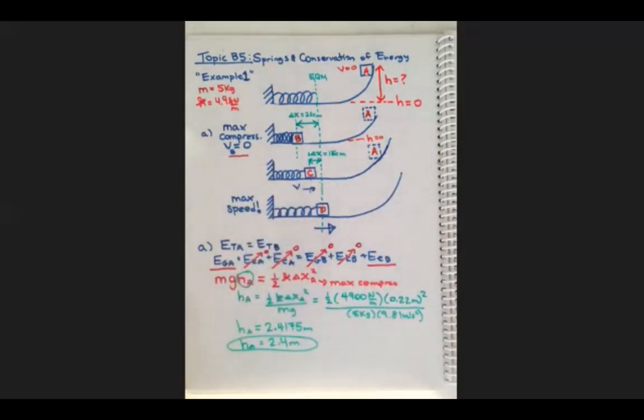So for part B, I want you to pause and think, what total conservation of energy statement is going to be helpful in solving for the speed at this point.